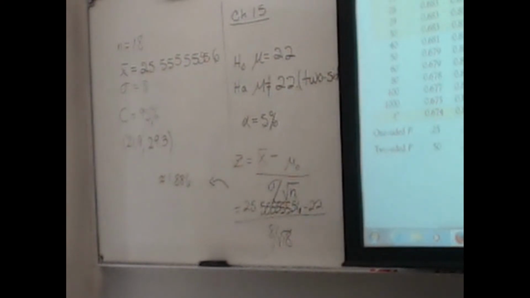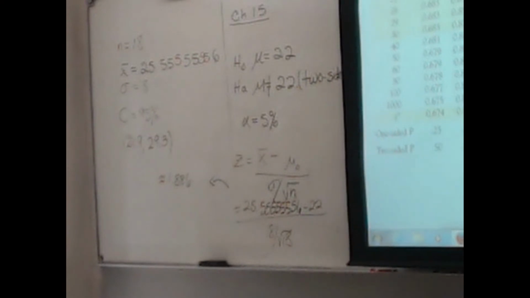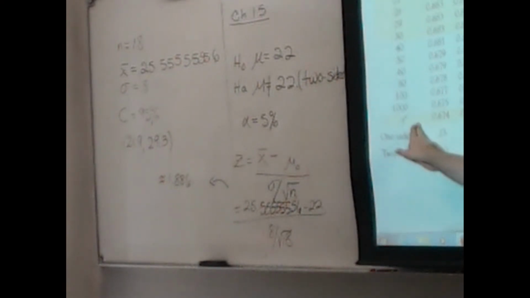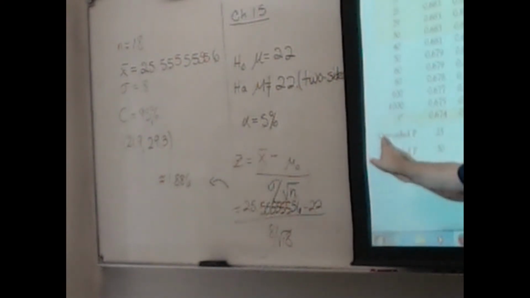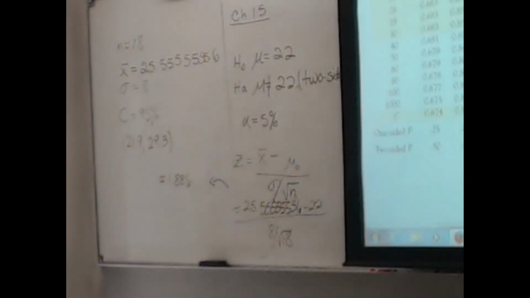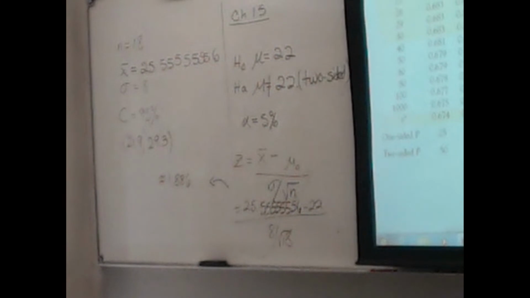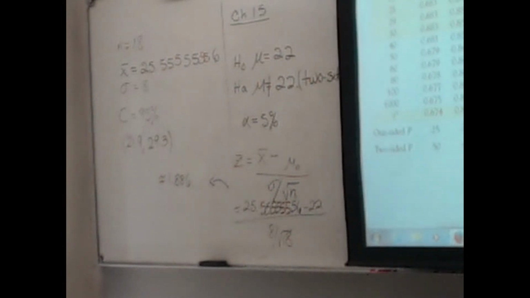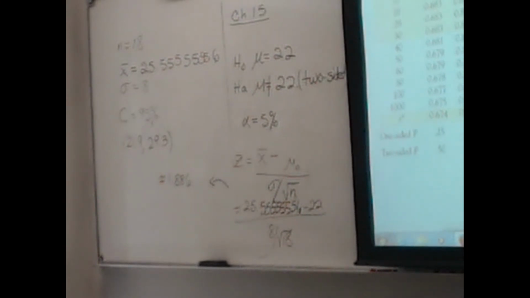You'll notice the direction I had with the inequality over there versus over here. Smaller Z star, bigger than the probability listed. Larger Z star, smaller than the probabilities listed. You'd have something really extreme.